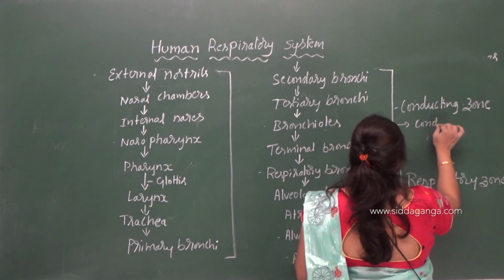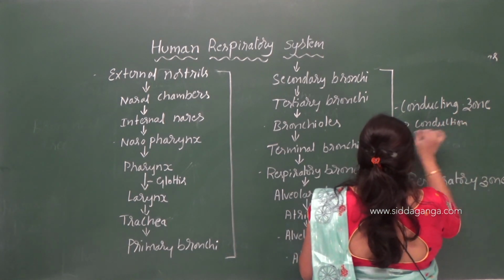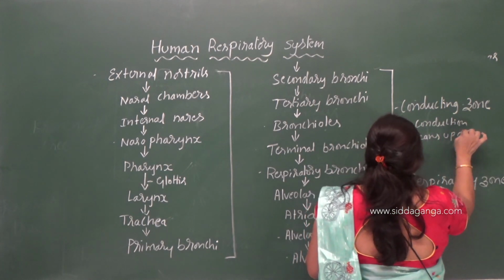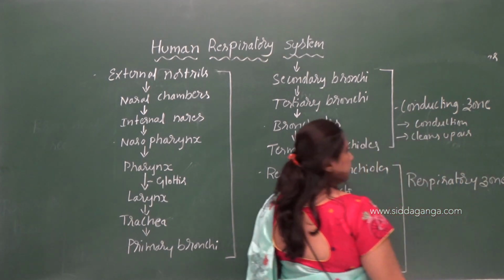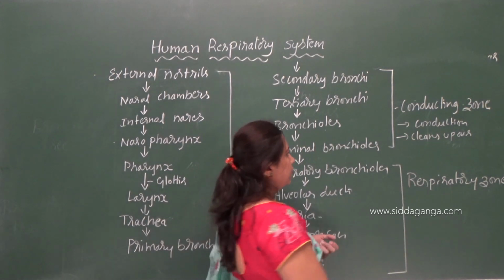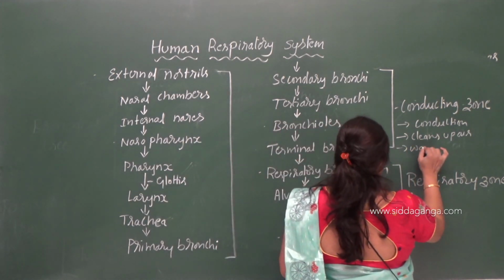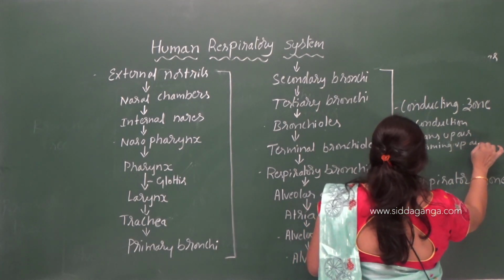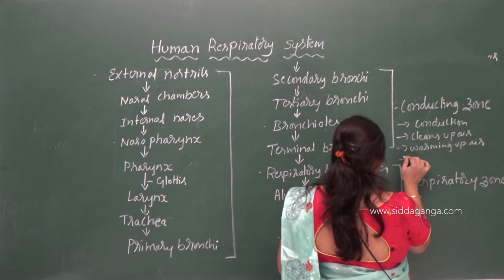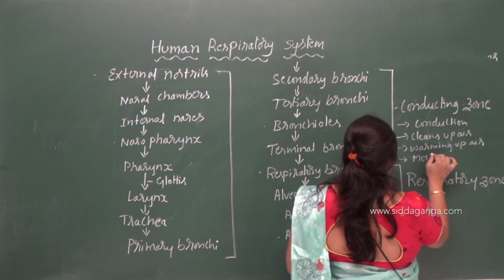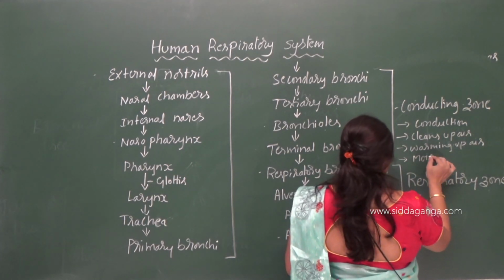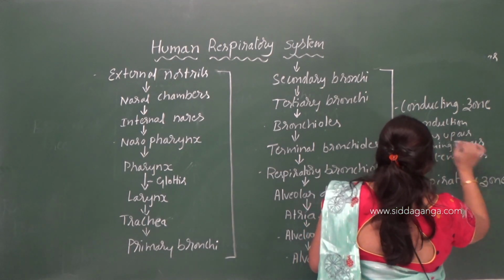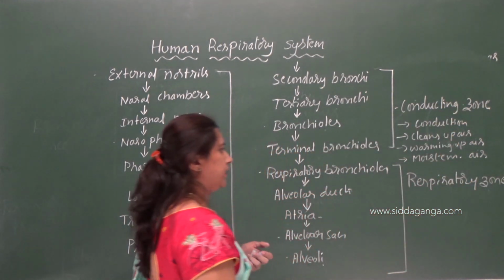Main function is conduction of air. Then it also cleans up the air by trapping the dust particles. Warming up of air: it brings the atmospheric air to a normal body temperature, and it also moistens the air. Okay, so all these are the functions of conducting zone.